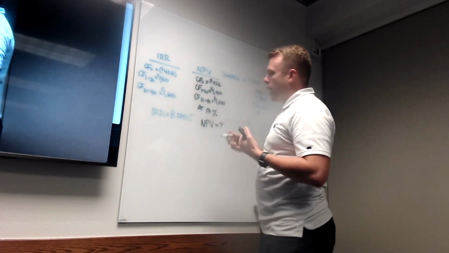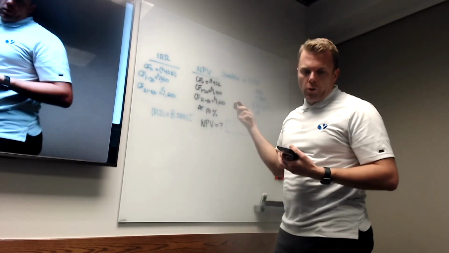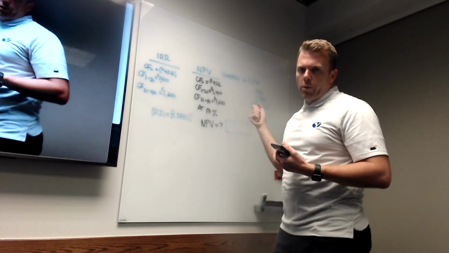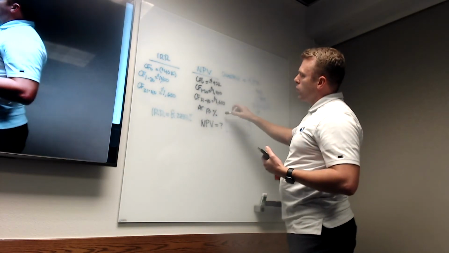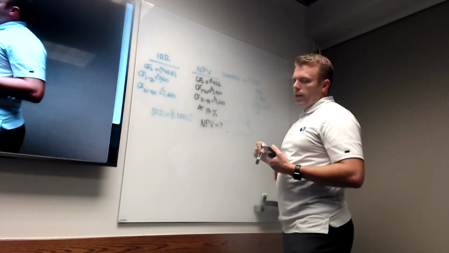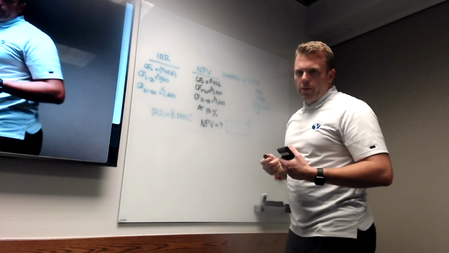Again, we discussed discount rate in class. Discount rate is basically our threshold, the least amount of return that we require on the investment. So if we were to use these same cash flows using a 13% discount rate, meaning that's the lowest threshold we'll go for, what will be our NPV?